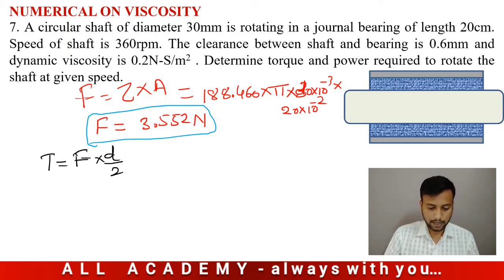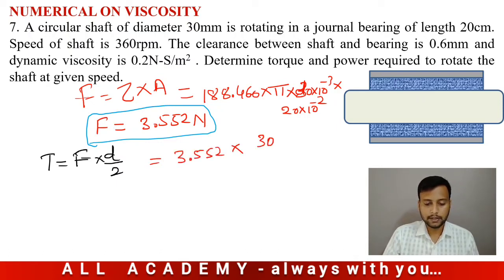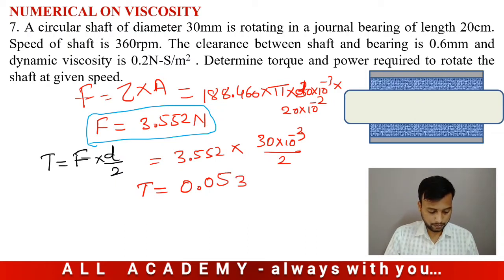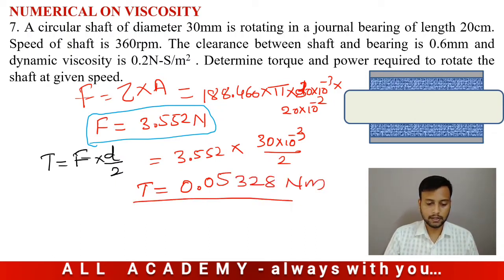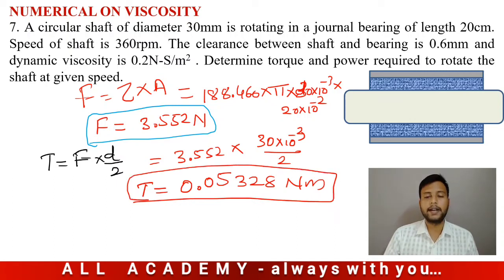Force is 3.552 into diameter 30 into 10 raised to minus 3 divided by 2. You will get torque T is equal to 0.00538 Newton meter. So this is the torque we have identified.